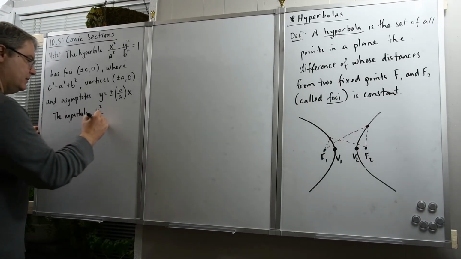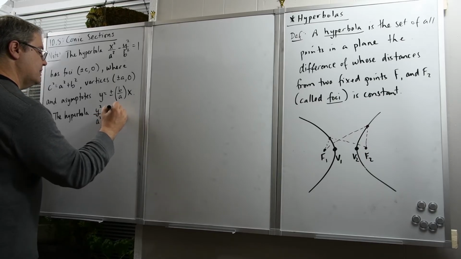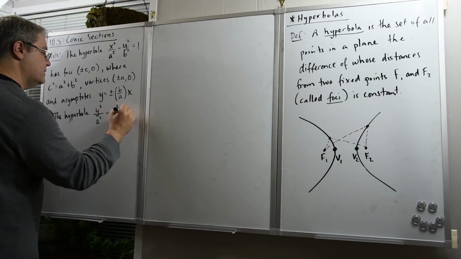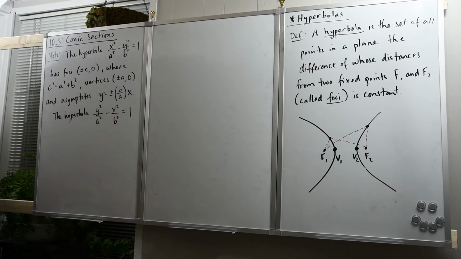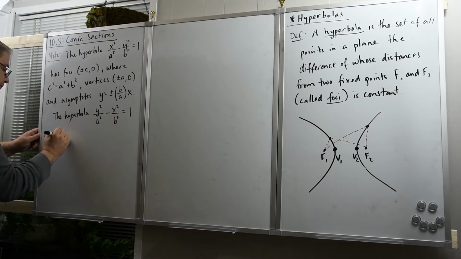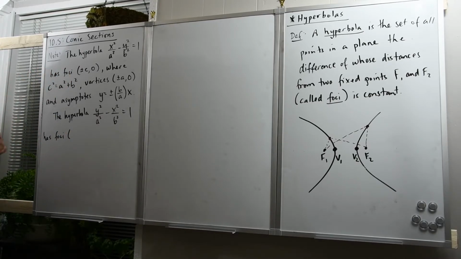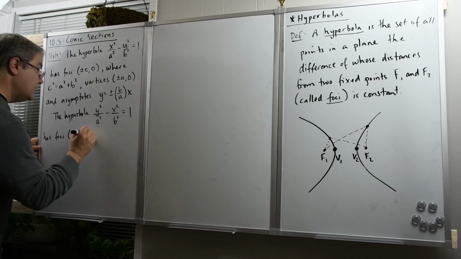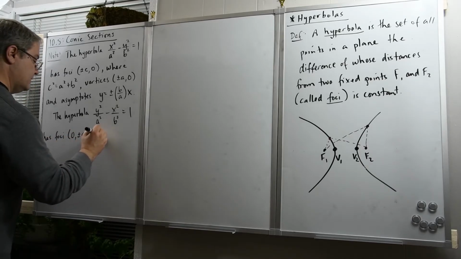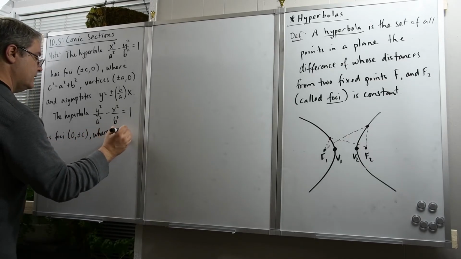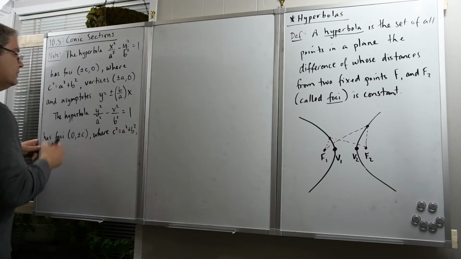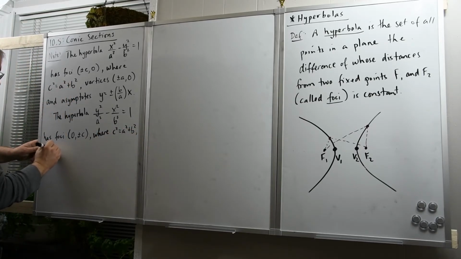So you'll have y squared over a squared minus x squared over b squared, still going to have 1 on the right side. This is going to have foci. Instead of plus or minus c comma 0, you're going to be at 0 comma plus or minus c. Once again, c squared is a squared plus b squared. You'll have vertices at 0 comma plus or minus a.